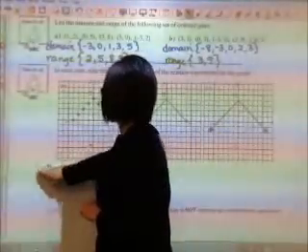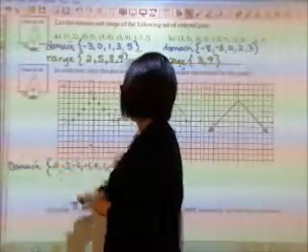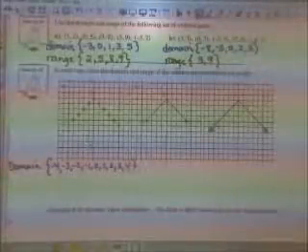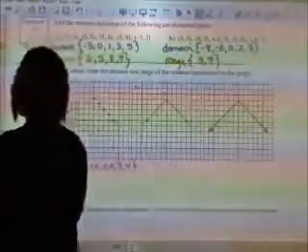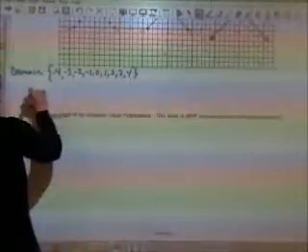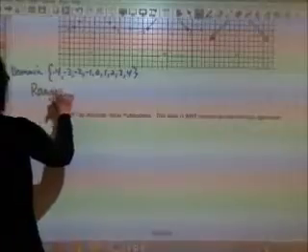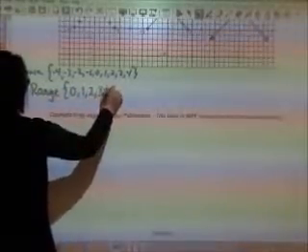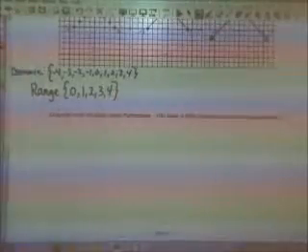If I was looking at the range of this graph, how would I express the range of the graph? Just as a set of numbers. So 0 to 4.